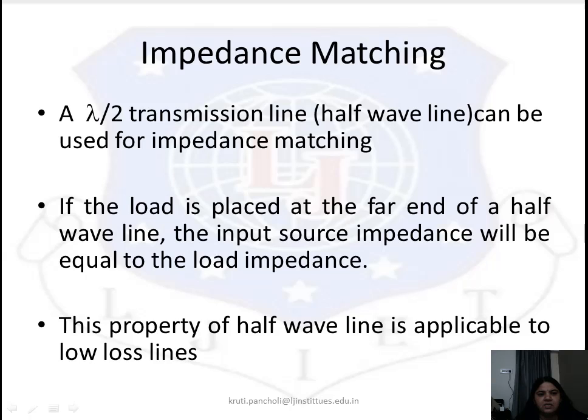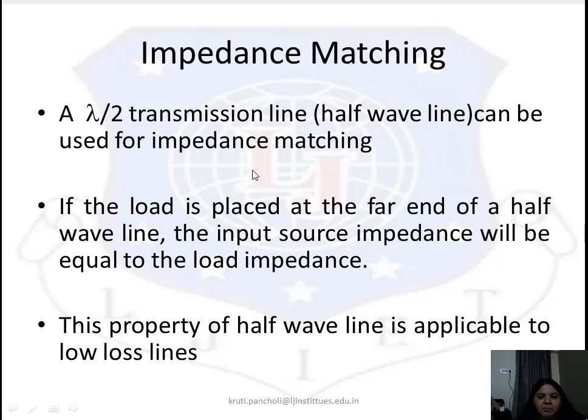At a new wavelength, the quarter wave section will no longer be lambda by 4 in length, and in such cases, two or more stages of lambda by 4 line may be required to increase the range of frequencies in impedance matching. Therefore, a lambda by 2 transmission line can also be used for matching purposes.